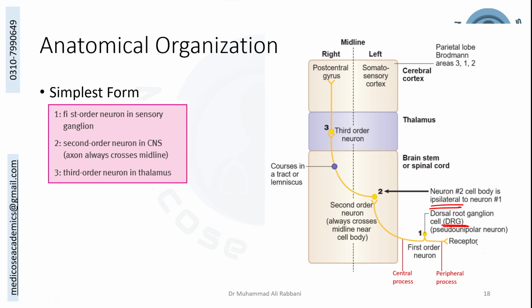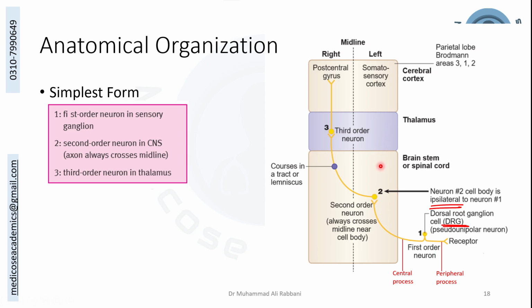The signal has not crossed the midline yet. So the first order neuron cell body was present outside, in the dorsal root ganglion. Its peripheral process was receiving the signal from the receptor. Its central process was entering the central nervous system and ending on the same side by synapsing with the second order neuron.